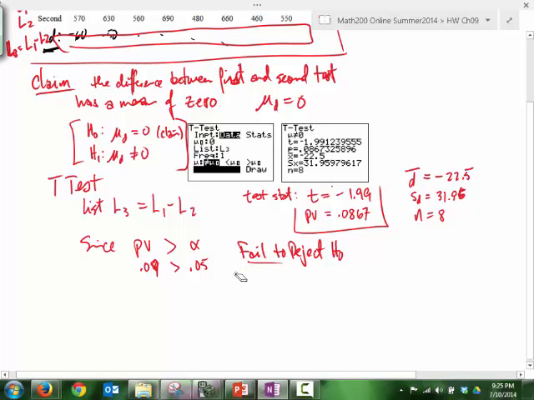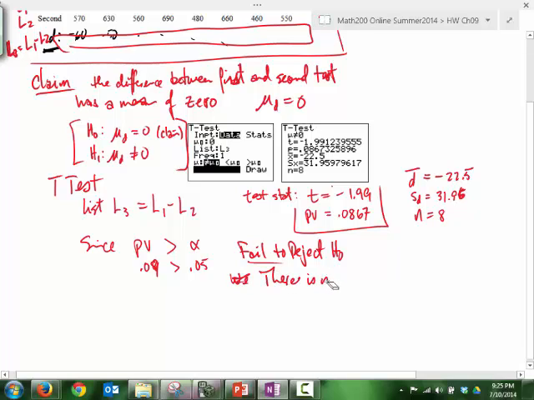And the second box says something to the effect that we, what does it say? Okay.